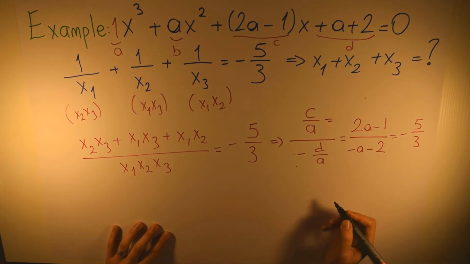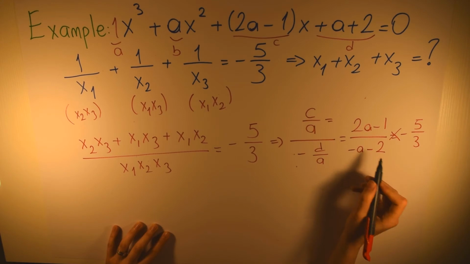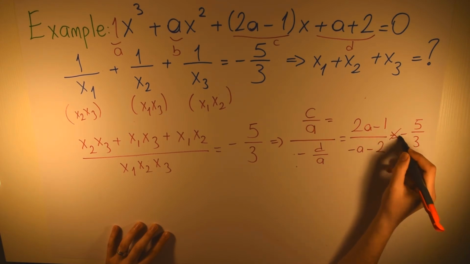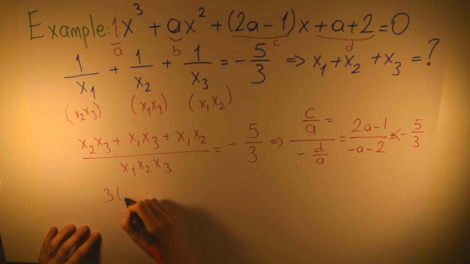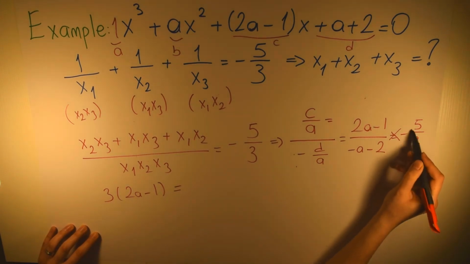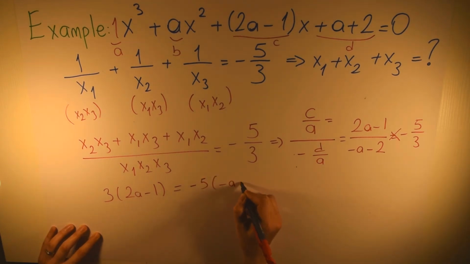After this, I will do cross multiplication to find the value of a. Here we have 3 times (2a minus 1) is equal to minus 5 times (minus a minus 2).